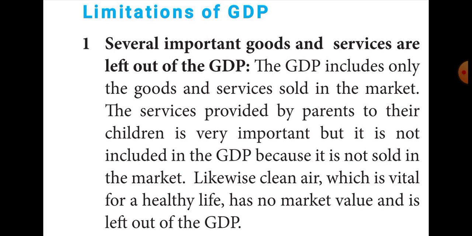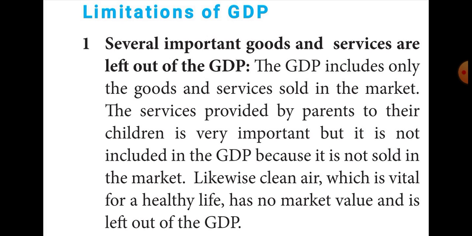The second one is GDP measures only quantity but it does not measure the quality. Okay. Then the third one is GDP does not tell us about the way income is distributed in the country.